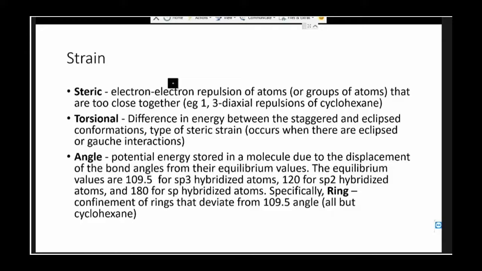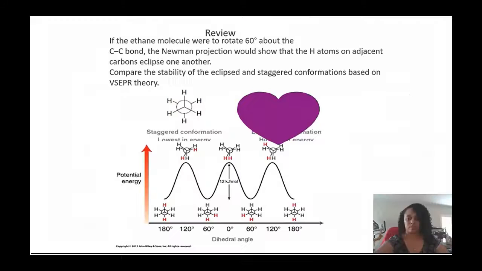So when the carbon to hydrogen bond in the front and the back are on top of each other, that's steric strain. When you rotate, the act of rotation causes torsional strain, because the energy to get it into the eclipse form is actually unfavorable. And we'll talk about angle strain separately.